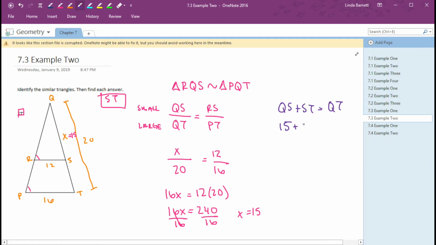ST is what I'm solving for. And I know that QT from Q to T is 20, so I'm going to add 20 in. So I subtract 15 from both sides, and then I know ST is equal to 5, and that is the answer I was looking for.